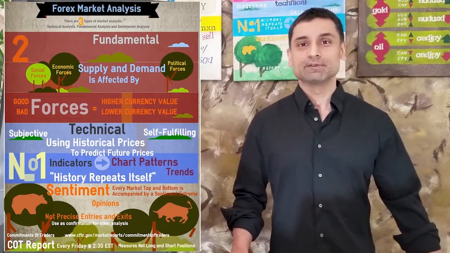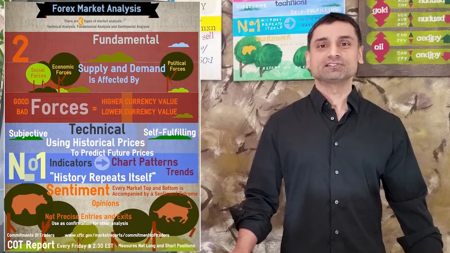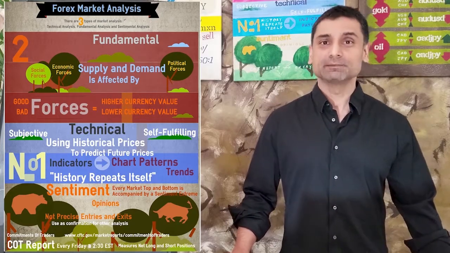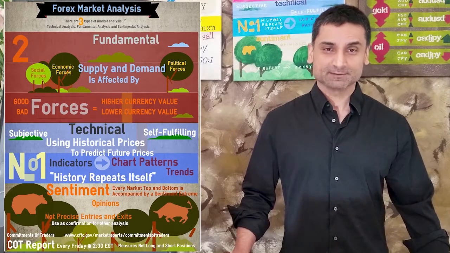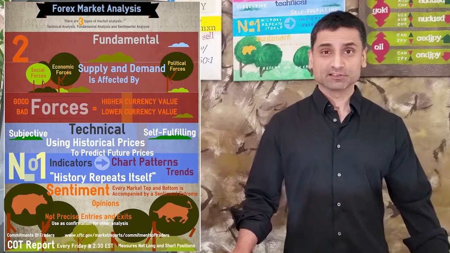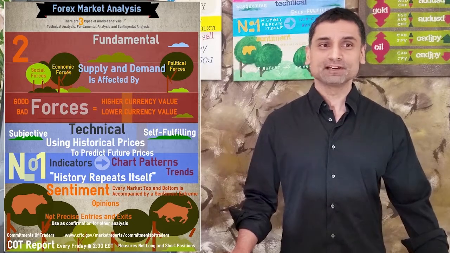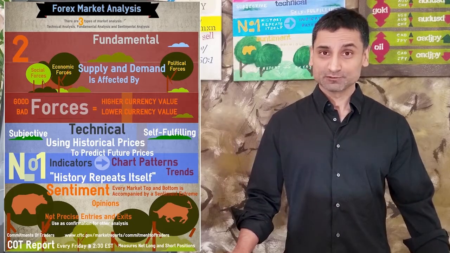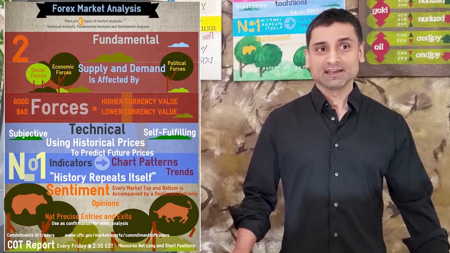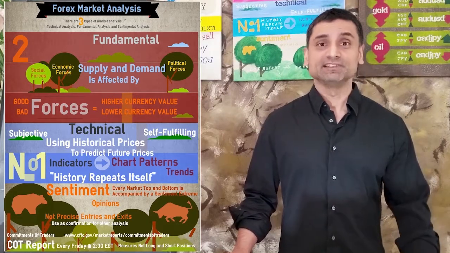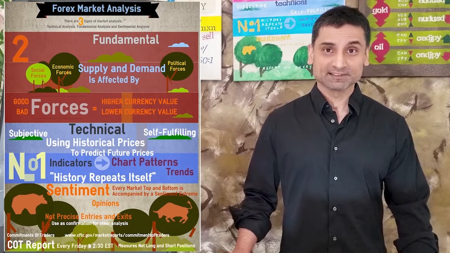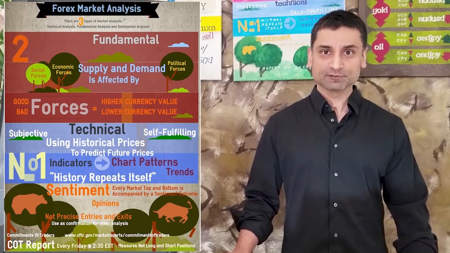The second type of analysis is technical analysis. Technical analysis can be summed up into three words: history repeats itself. Prices are expected to reverse or continue at certain levels based on technical indicators, and since so many people are looking at these levels, it actually makes the prices do what they're expecting, sort of like a self-fulfilling prophecy.